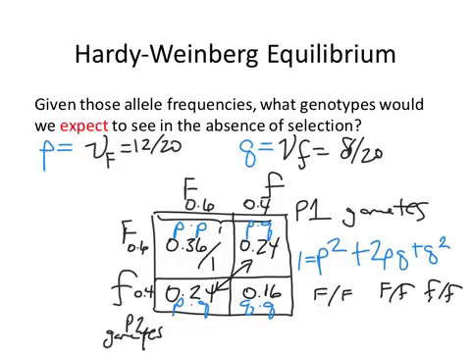What the Hardy-Weinberg equilibrium does for us is tell us, if we see a population and we have a measured number of alleles, in this case 2, big F and little f, what genotypes do we expect to see?